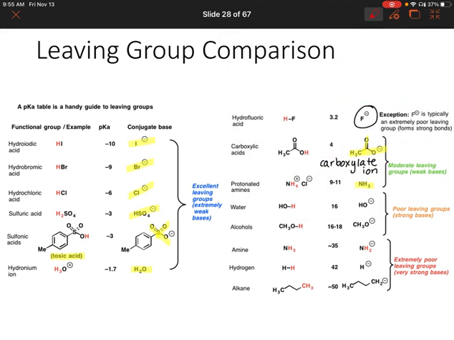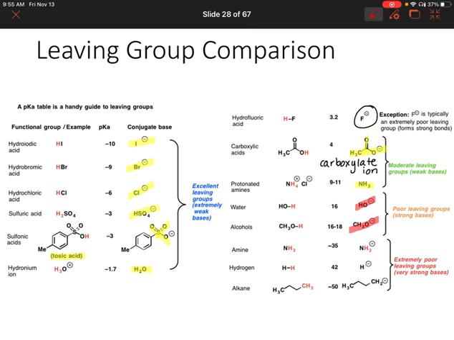Now, when we start going down further, we get into the poor leaving groups. And these groups are poor leaving groups because they're strong or very strong bases. So for instance, the hydroxide ion is a poor leaving group. Alcohols are poor leaving groups.